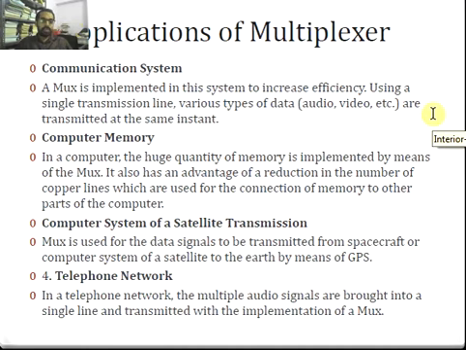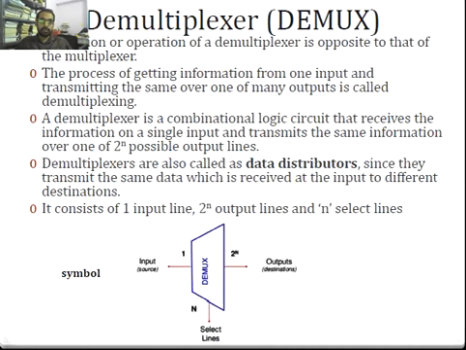It can be used in computer systems for satellite transmissions, for data transmission. One common example is the telephone network, where multiple audio signals are brought onto a single line and transmitted with the help of a multiplexer.